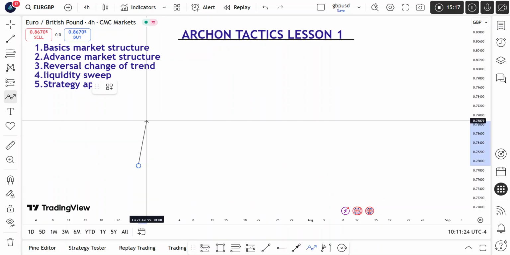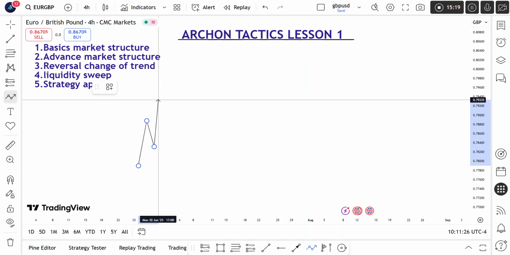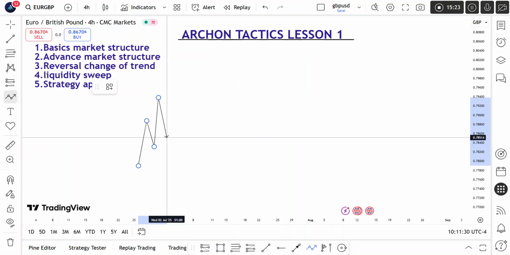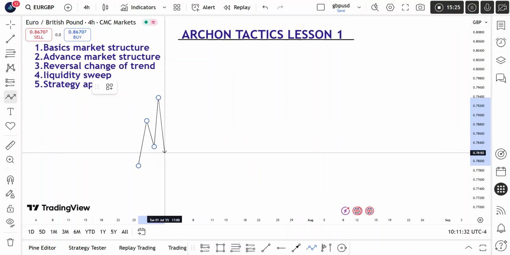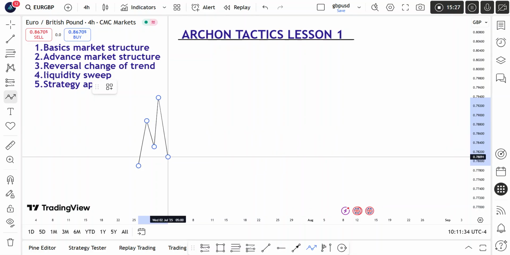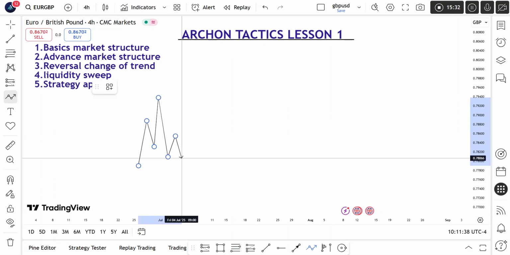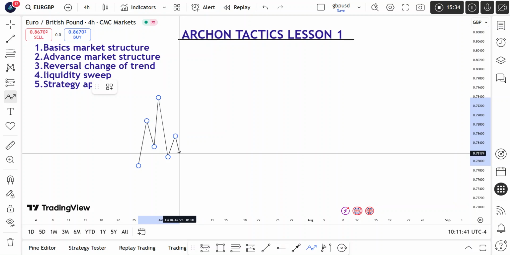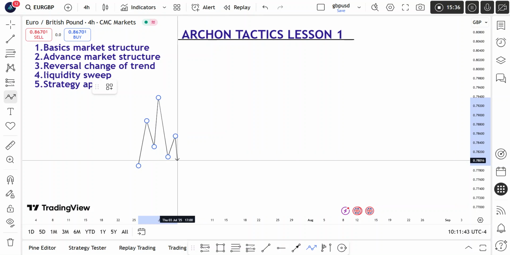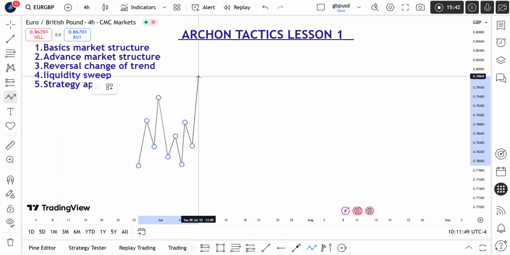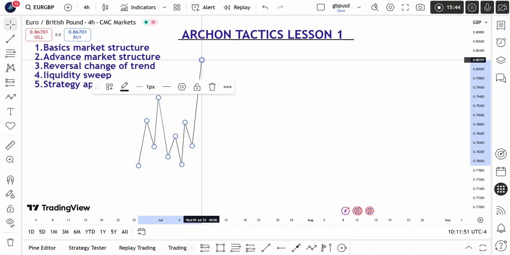We have an uptrend happening here. This was the last low that happened. We just swept the liquidity. Maybe something happened here like this. We come and retest this. Now we have a change, an order block, and then we go for the long.